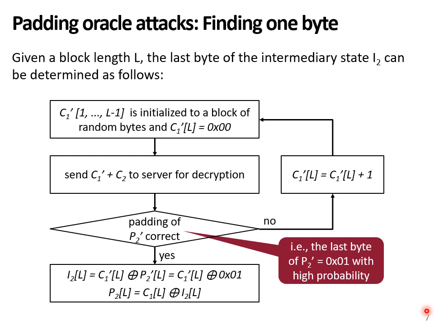And from this also the last byte of the actual plaintext block P2 can be derived by XORing the last byte of the actual previous ciphertext block C1, that we did not use in the attack before, with the last byte of the intermediary block I2. So in this way, a single byte, namely the last byte of a ciphertext block C2, can be derived.